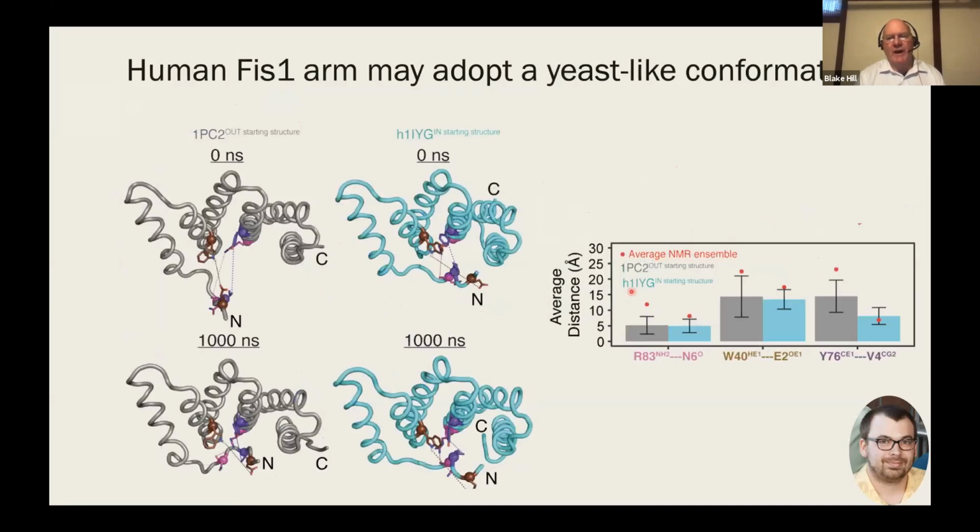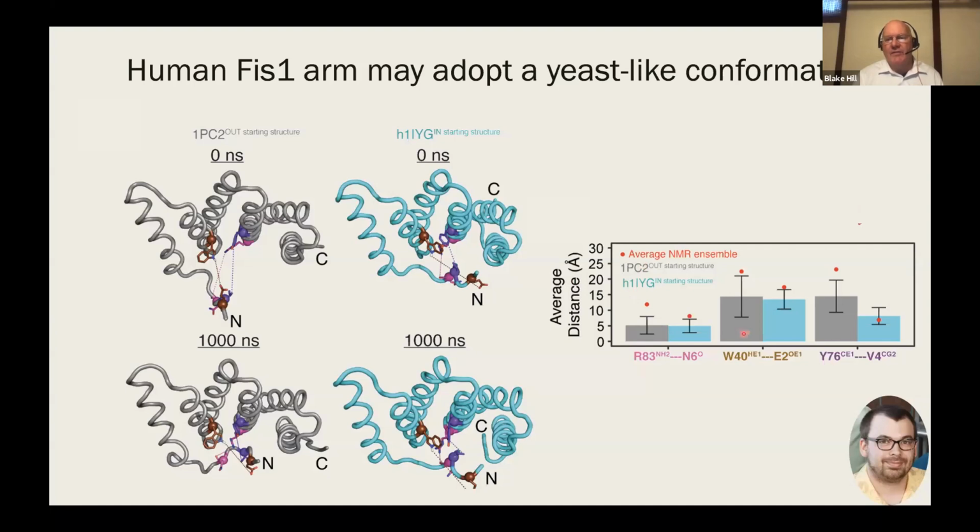So John then went on to do molecular dynamics simulations, and here are 1,000 nanosecond trajectories, starting with the arm out structure here on the left, and in the middle with the arm in structure. And after 1,000 nanoseconds, you see that the arm is tucked in, similar to what we see in the yeast molecule.